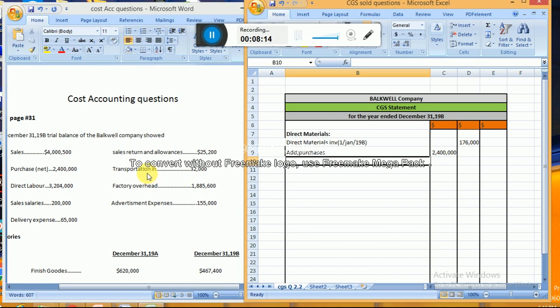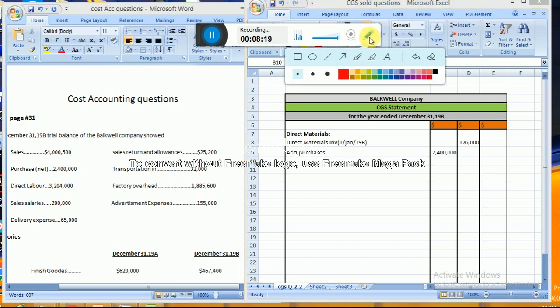When we purchase, transportation in is that cost. Look at this, $32,000 is the cost which took place on the purchases. Like when you purchase some raw material, you transfer the raw material to your manufacturing unit. So some transportation cost also takes place, and that transportation cost will be added to the purchases amount.